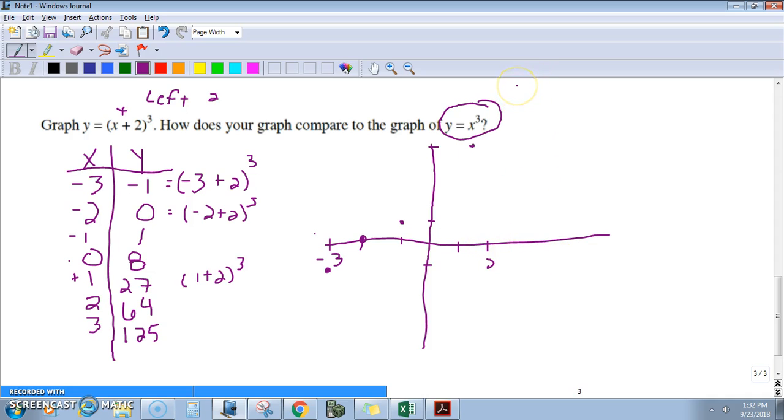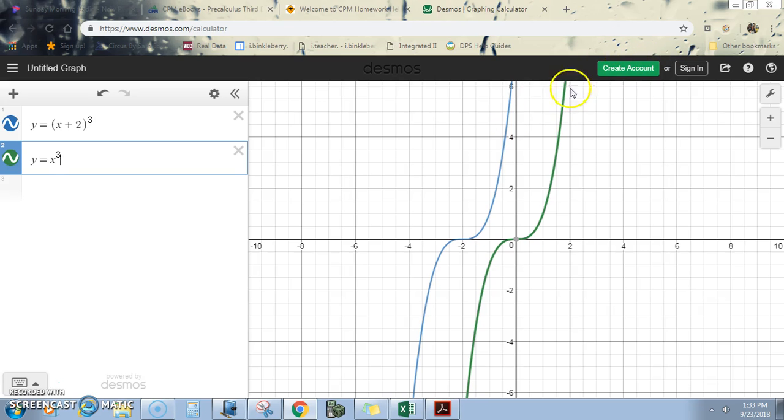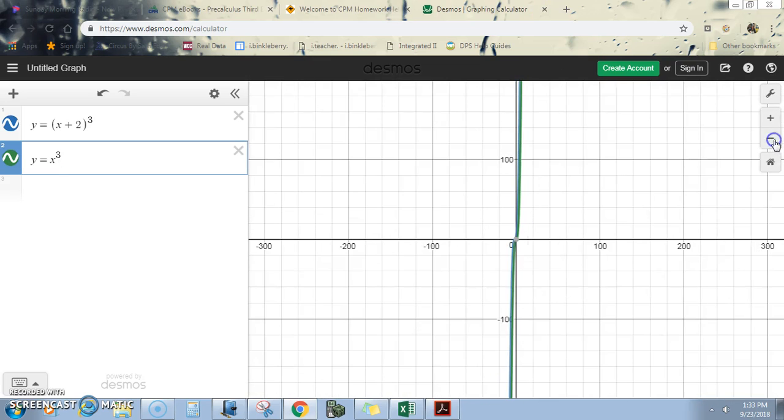So this is going to go way up really quickly. This looks really funny. I graphed it on Desmos so you can get a better idea, but I didn't. I kind of ran out of space right there. So the blue line is going to be that graph.